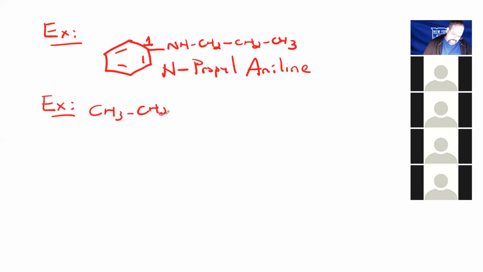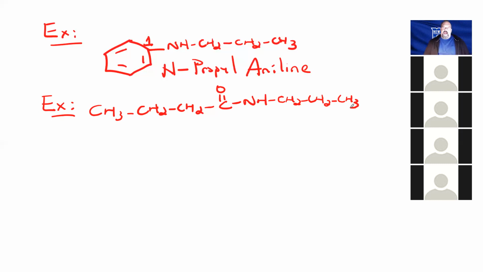Here's another one that sort of fits into this discussion of N. This type of compound is an amide. We know it's an amide because the C double bond O carbon is connected to a nitrogen, and that defines an amide.